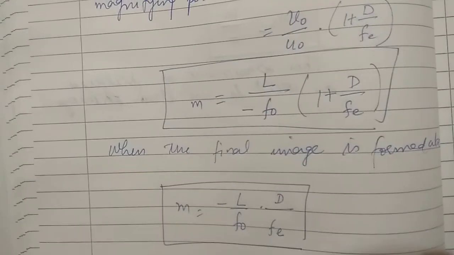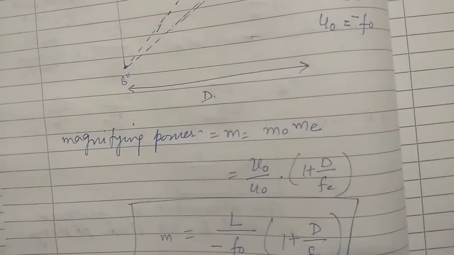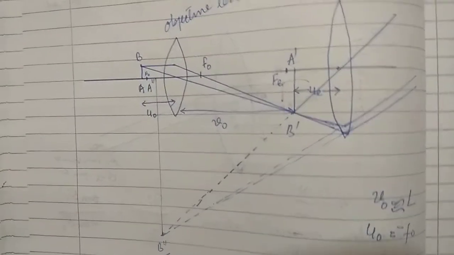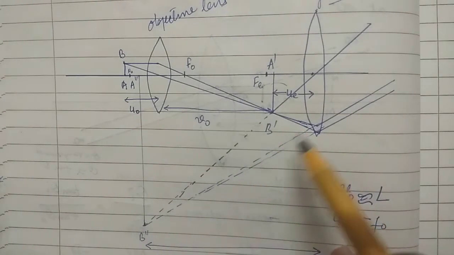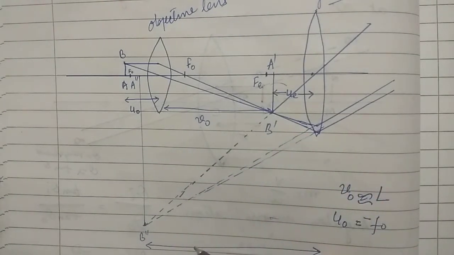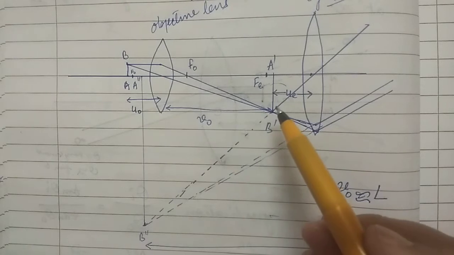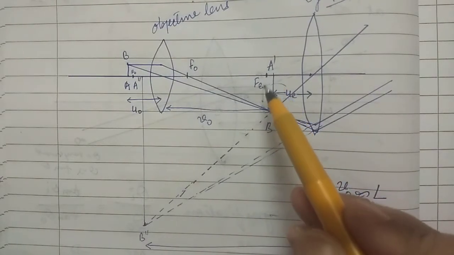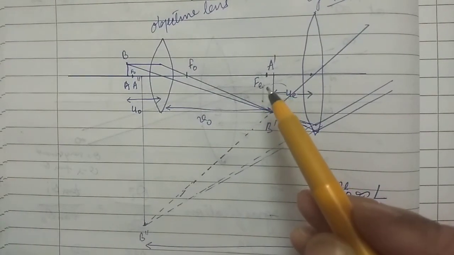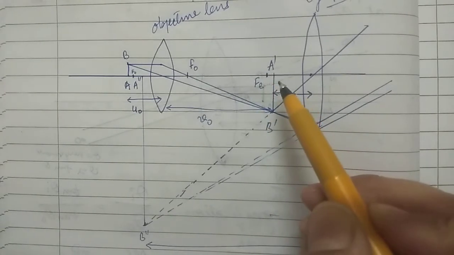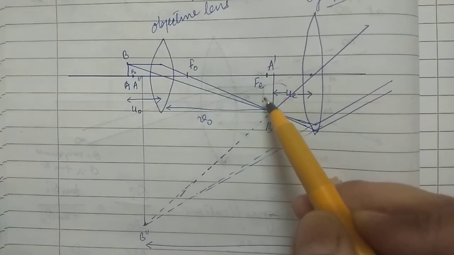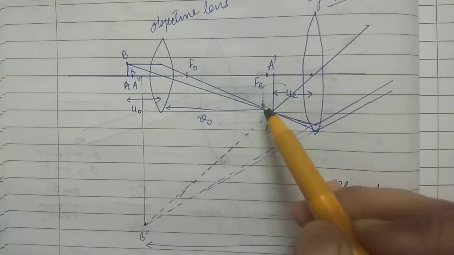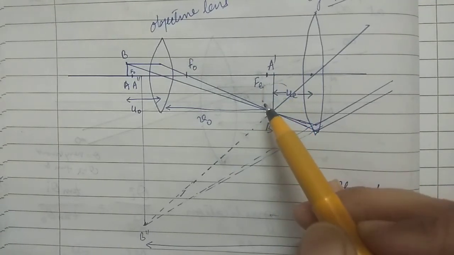And there would be a little change in the ray diagram also. Let me tell you what the change would be. The final image would be at infinity, so the rays would become parallel, and this is possible only when the object is exactly at the focus of the eyepiece. So when you draw the ray diagram, you will place this object at the focus of the eyepiece.